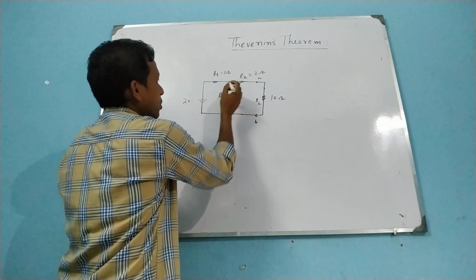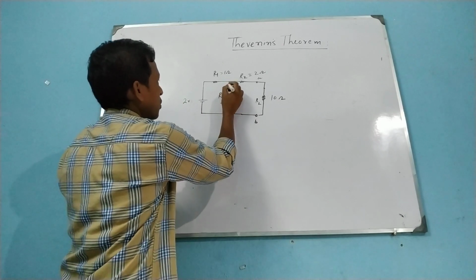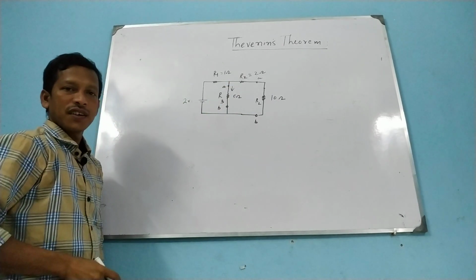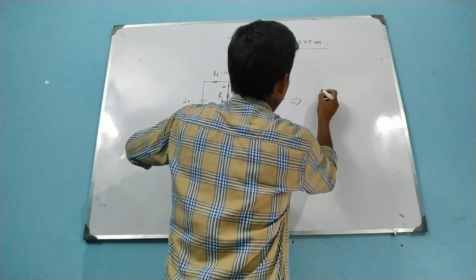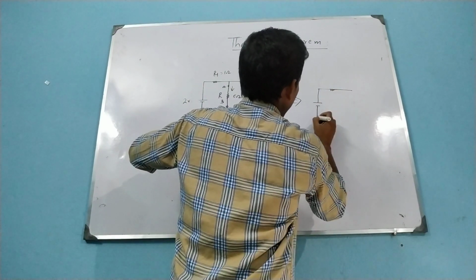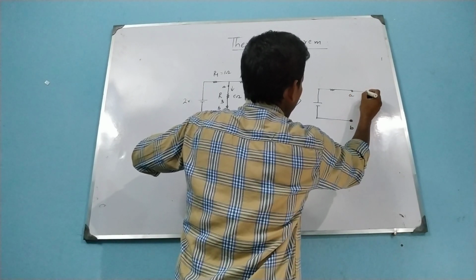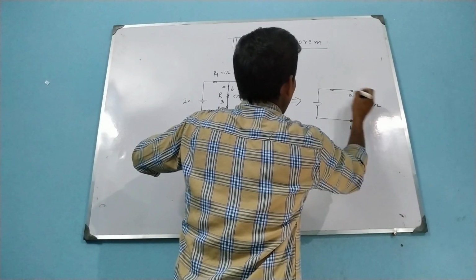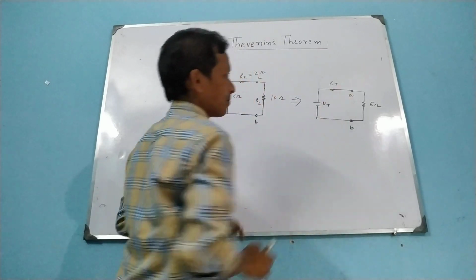So for the calculation of the current through R3, we have to apply Thevenin's theorem at that point A and B. Okay. So the Thevenin's equivalent circuit will be the same. This is the Thevenin's equivalent circuit, A and B. Here this will be the 5 ohm. I don't know the value of RT and VT.